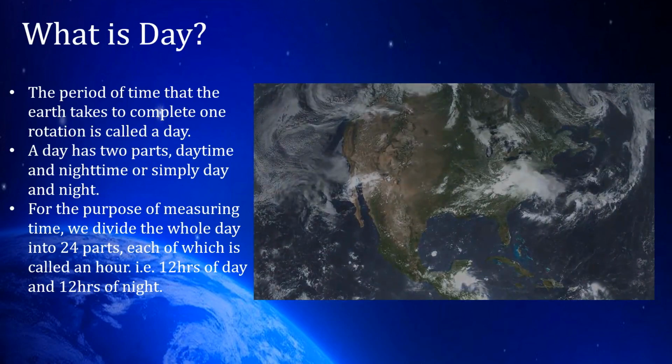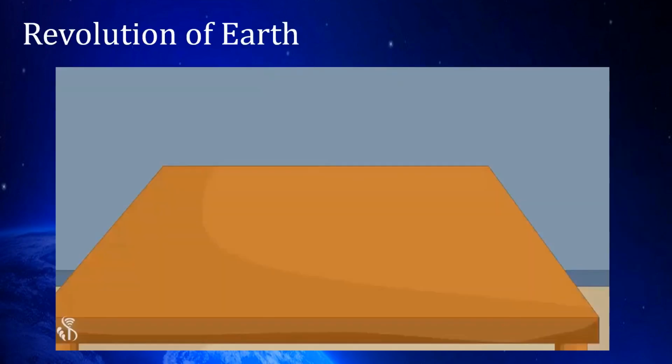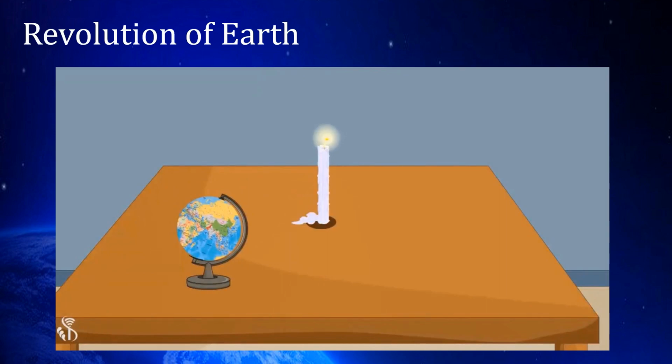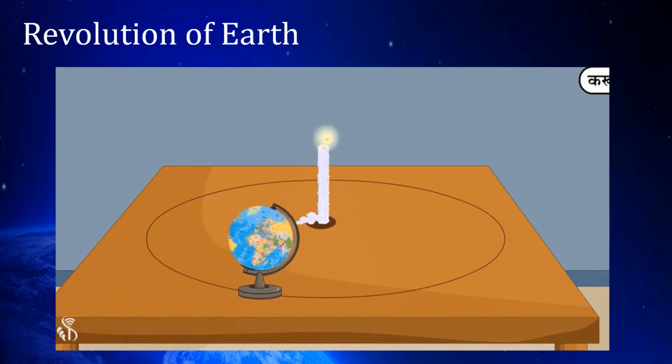Now, let us see the revolution of the earth. Now also we need a candle and a globe. Children, see here, the globe is kept on the circle. Now move the globe along the circle on the table.